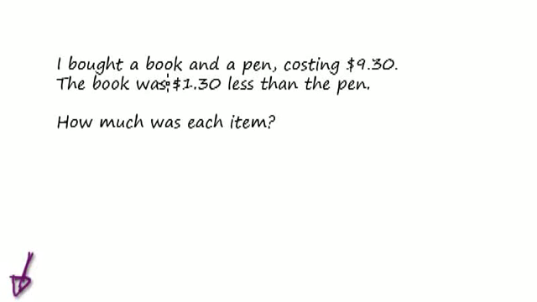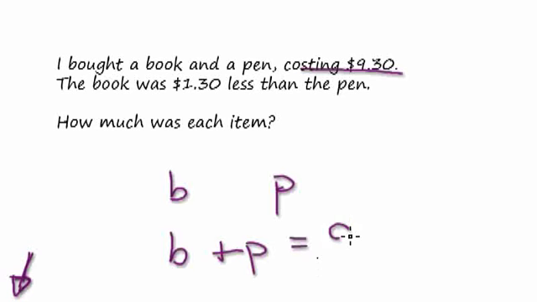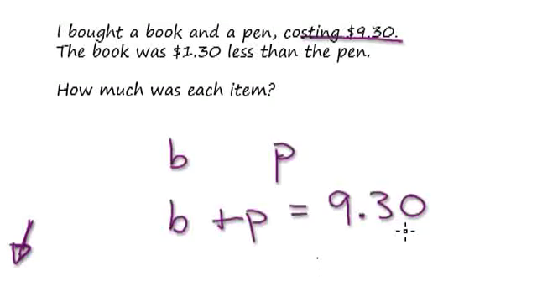So here, I bought a book and a pen costing this much. Let's say a book here and a pen here. I bought a book and a pen costing that much, so we can say B plus P equals 9.30. And then the book was $1.30 less than the pen.